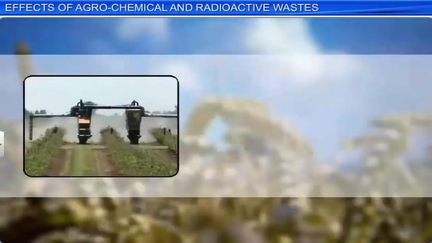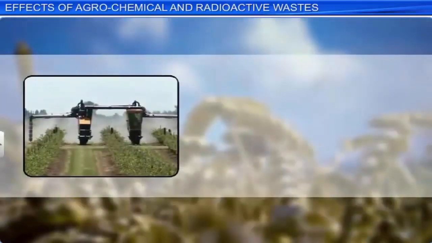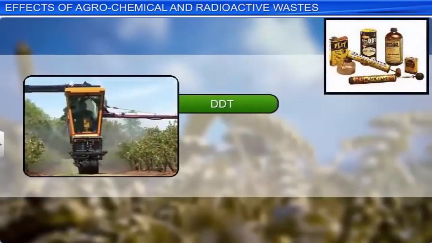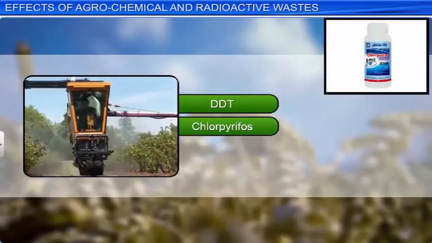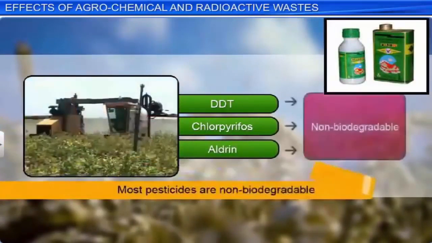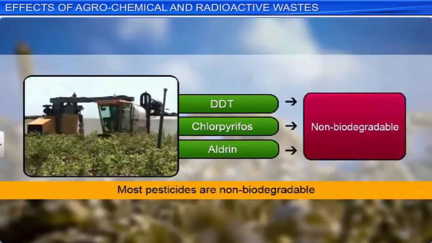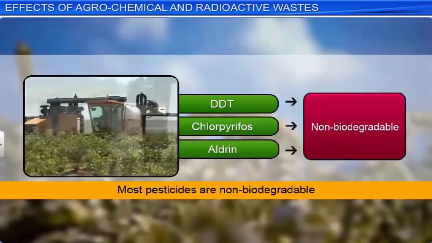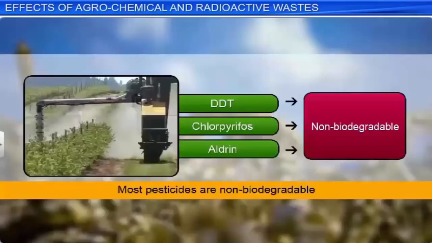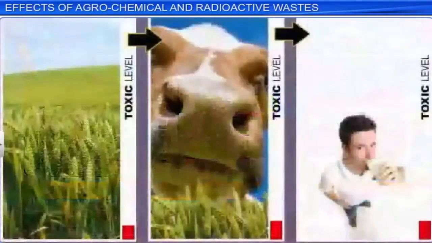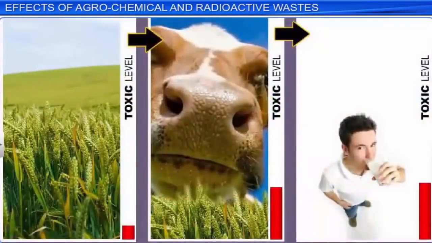In fact, most of the pesticides such as DDT, chlorpyrifos, and aldrin are non-biodegradable and are easily incorporated into the food chain, thereby causing biomagnification of the toxicant.